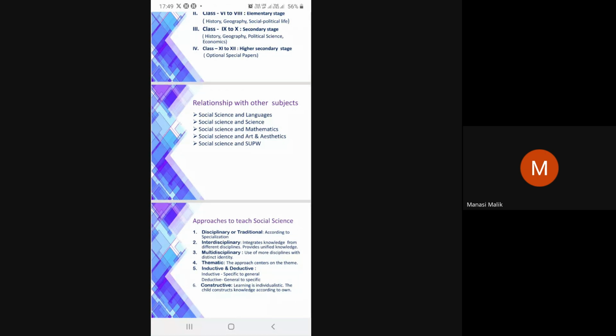And last, the sixth one is the constructivist approach. Constructivist approach is a new approach which is based on the philosophy of constructivism. So constructivism means what? The teacher will not teach everything to the children.